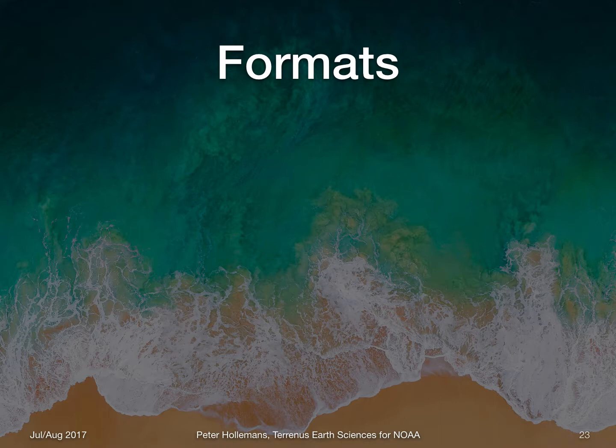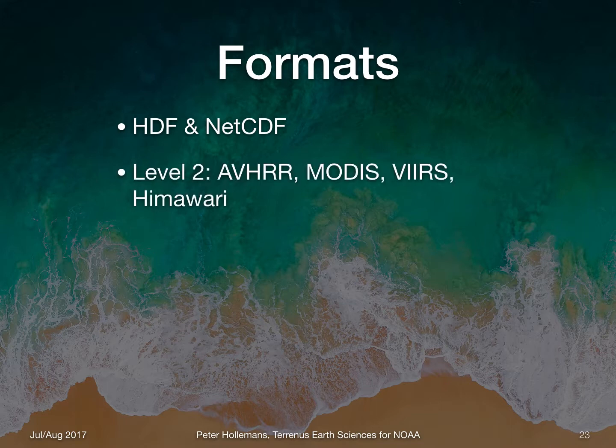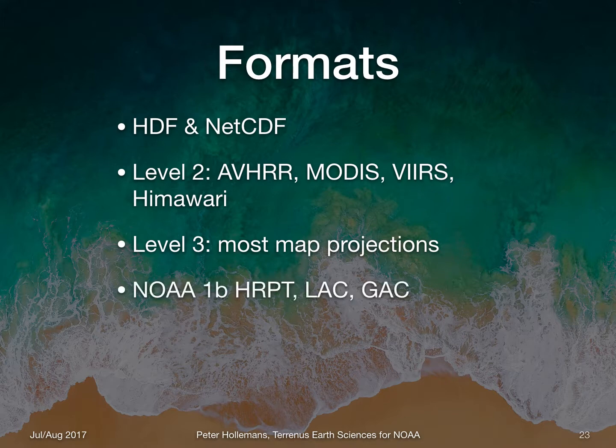For data formats, the CoastWatch Utilities reads HDF4 and NetCDF 3 and 4 format. We have support for a number of different level 2 sensor geometries, including AVHRR, MODIS, VIIRS, and Himawari data, so polar orbiter and geostationary satellites. Level 3 data, we have support for most map projections, 31 different types of map projections.